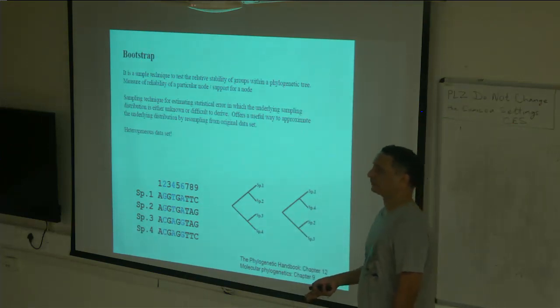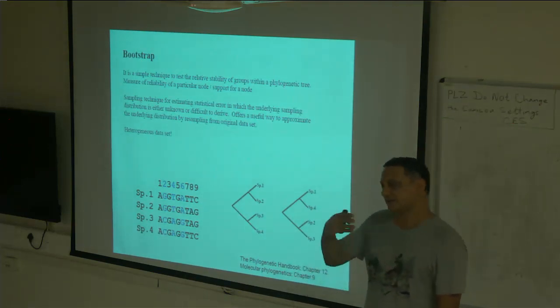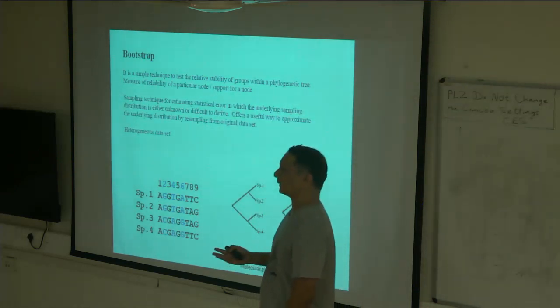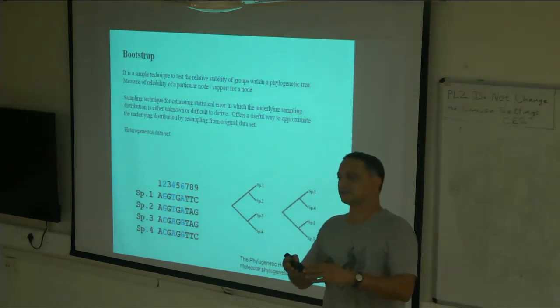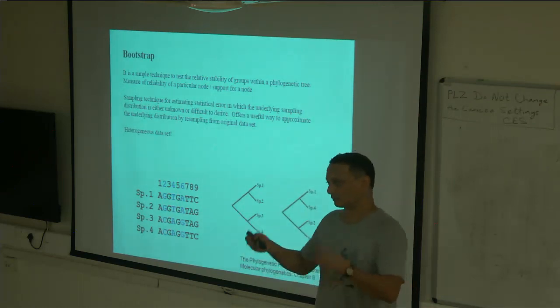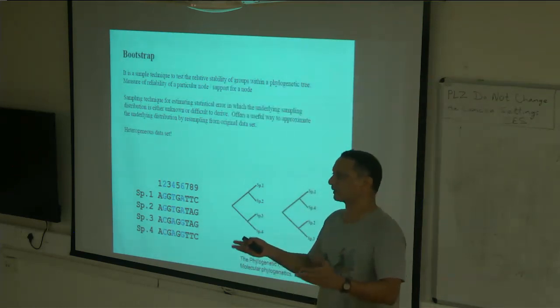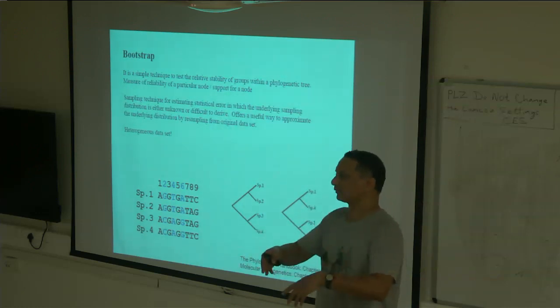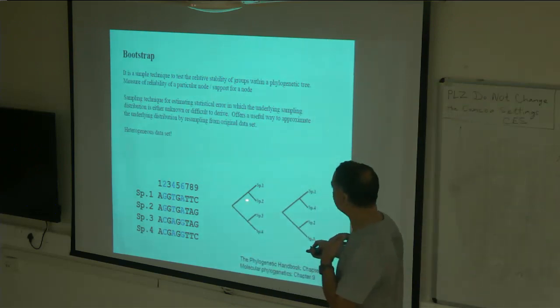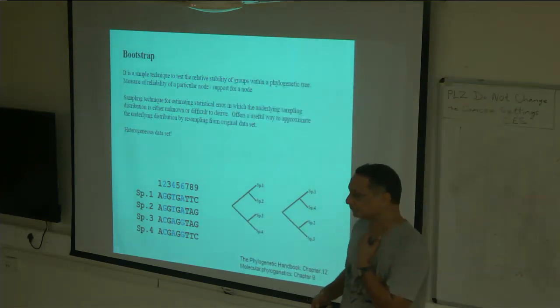That's your second tree, right? Now, do this, say, 100 times. Then you'll get what people call the sampling distribution of whatever statistic you are trying to calculate. It could be, say, height of individuals per species, but here we are interested in bootstrap support, right?